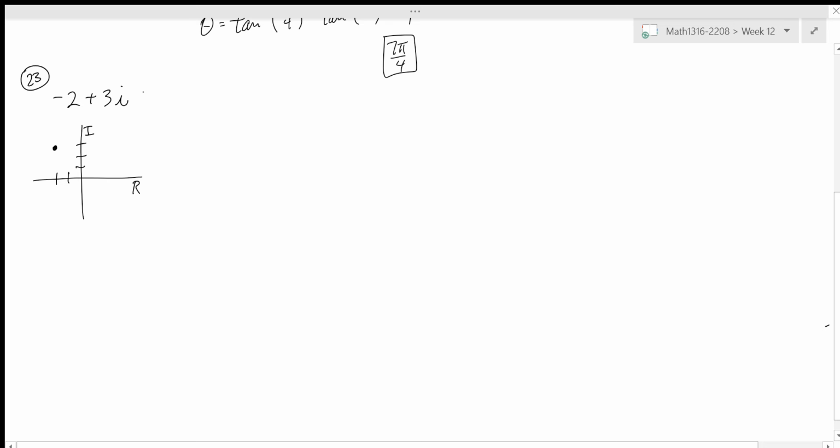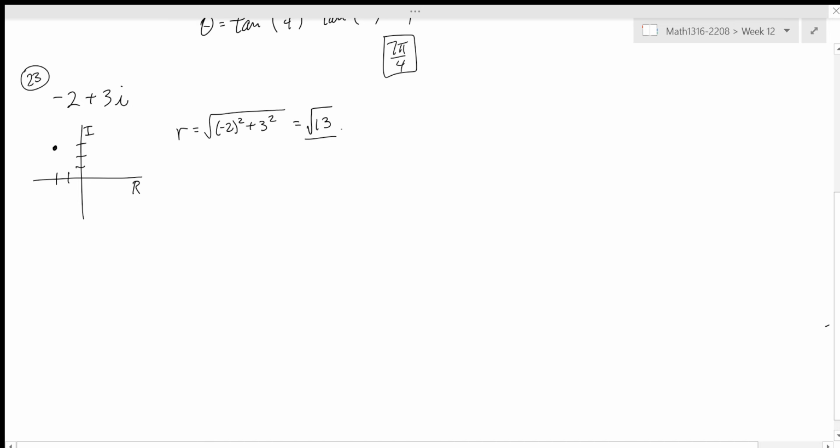And then we want to convert that into polar form. So we're going to have to find r, which is the square root of negative 2 squared plus 3 squared. 4 plus 9. Yuck. And that's not going to square root nicely.